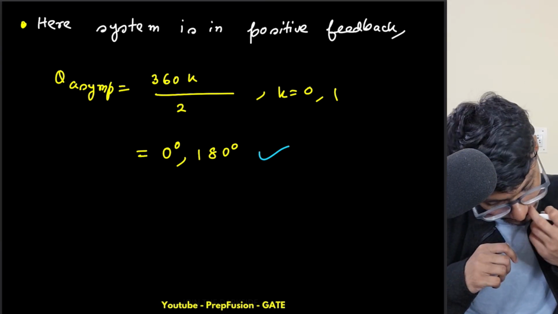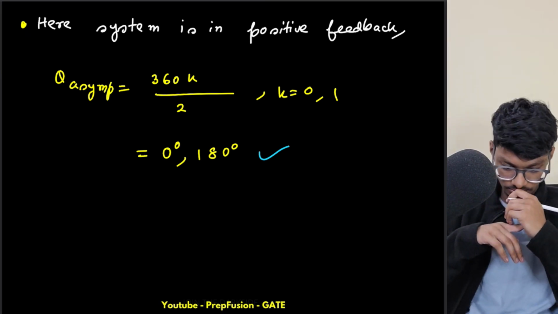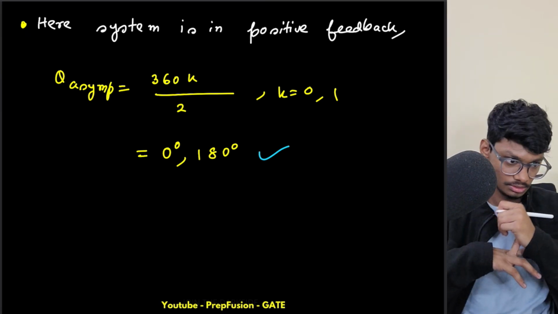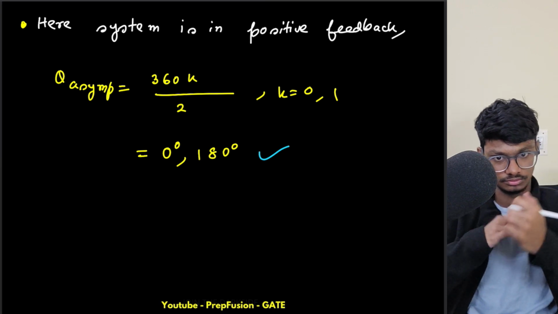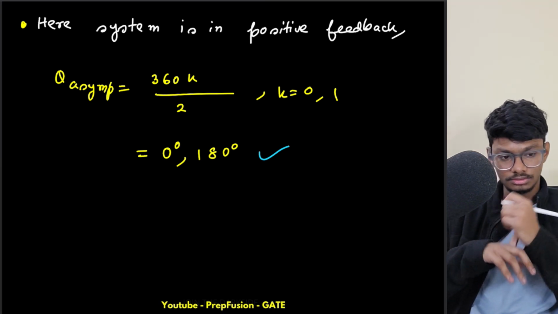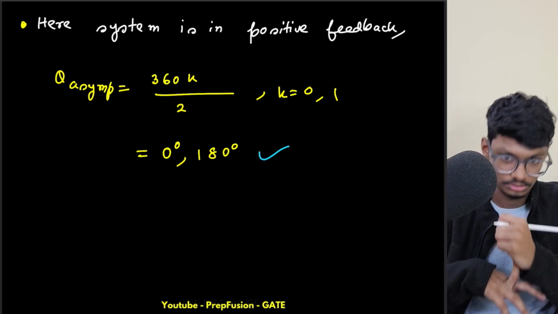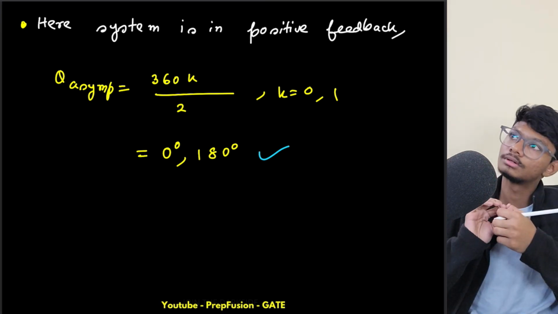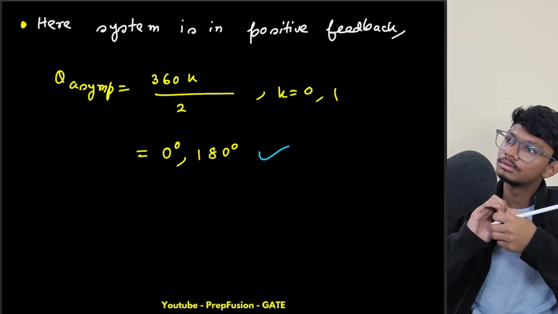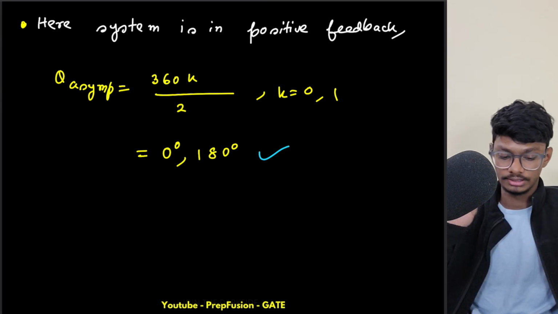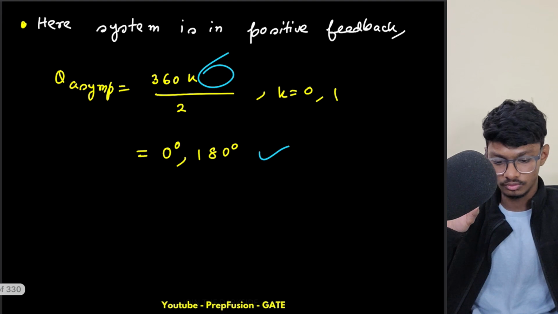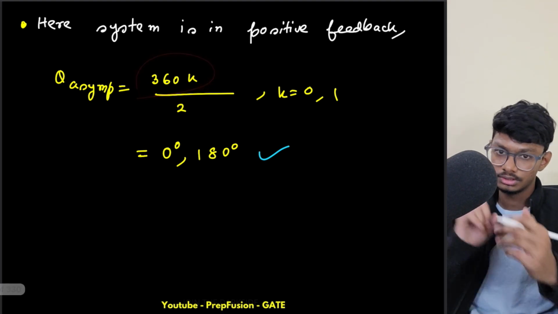I'm thinking about something. Sorry, like the formula I previously wrote was wrong. Obviously it is 360 times k divided by 2.